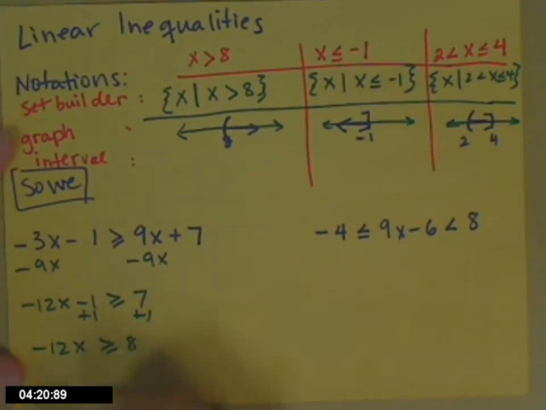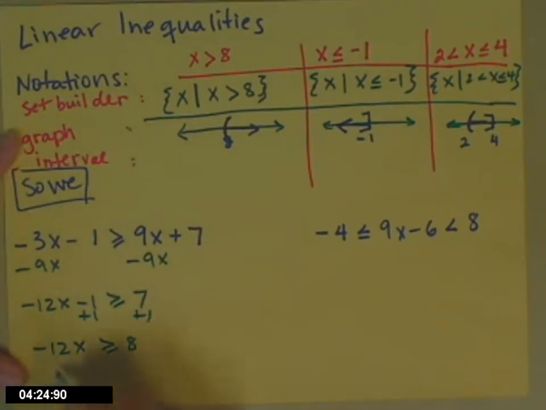Here's the new thing. When I divide both sides by -12, when you divide or multiply both sides of an inequality by a negative number, it flips the direction of that inequality. So it used to be a greater than. When I did that division by a negative, it flips and becomes a less than.